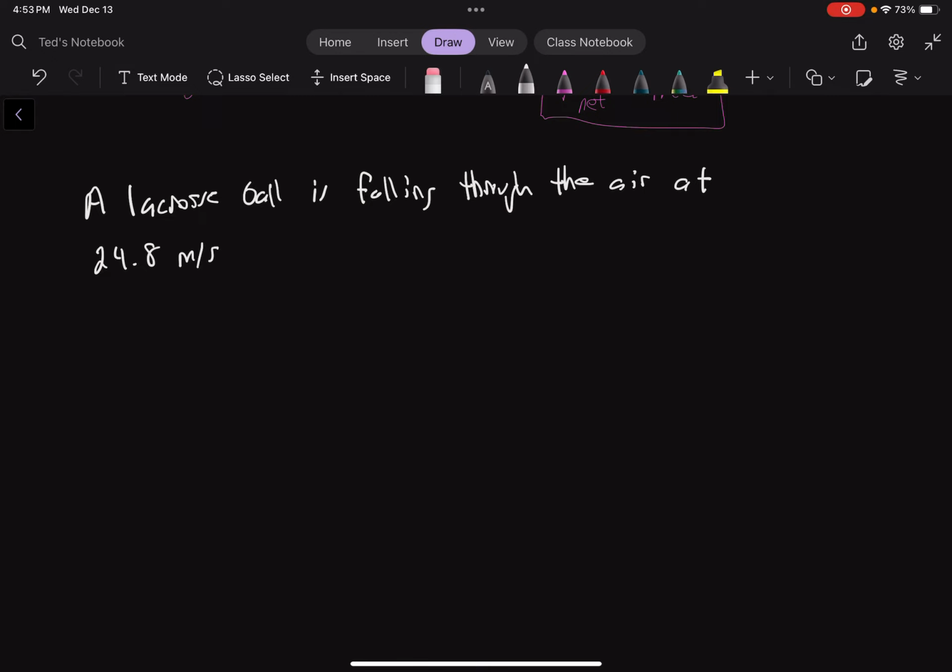That's over 50 miles an hour. Okay, and speeding up at 9.31 meters per second squared.